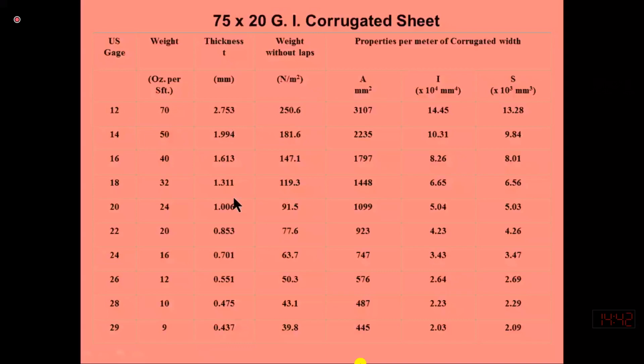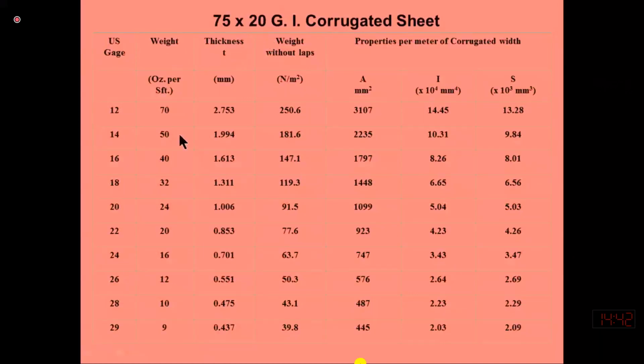The largest thickness is 2.753 and the minimum thickness available in the market is 0.473 millimeter. So this table is for 75 into 20 GI sheets for different thicknesses.